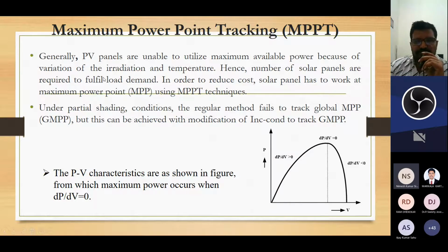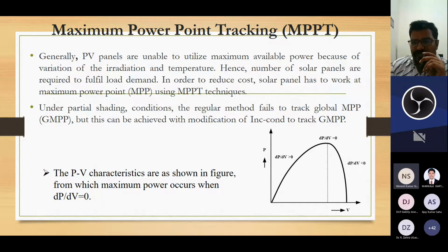Next, we are using an MPPT technique for getting maximum power. Here is the basic concept of how the maximum power can be extracted from the PV system, shown with the help of simple PV characteristics of a solar cell. If you observe these PV characteristics, the power output from the PV keeps on increasing up to a certain level. Once it reaches the maximum value, it then comes down to zero.